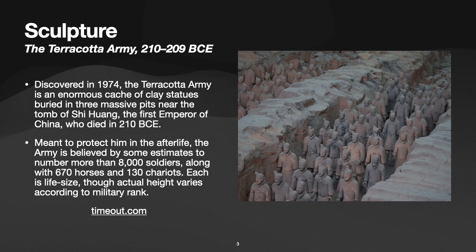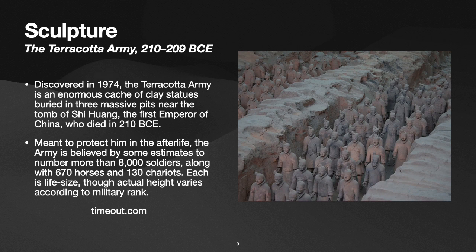This vast tomb contained 8,000 life-size terracotta soldiers with 670 horses, 130 chariots, as well as a number of figures that had been vandalized, including some that had been burned by looters and opponents of the politician, the emperor, whose tomb was guarded by this army.